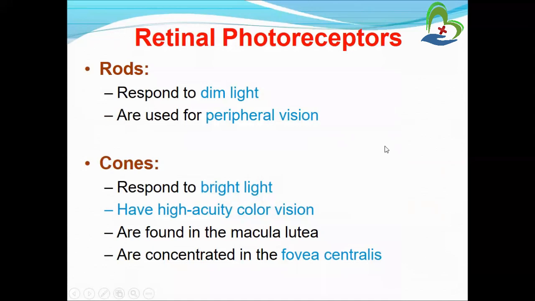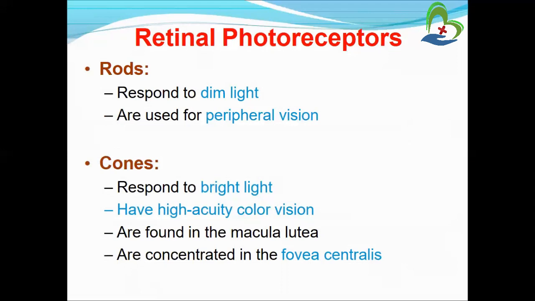Retinal photoreceptors include rods and cones. What are rods? Rods respond when dim light enters our eye, and they are used for peripheral vision. Cones respond and are activated when bright light enters our eye. This is the main difference between rods and cones.